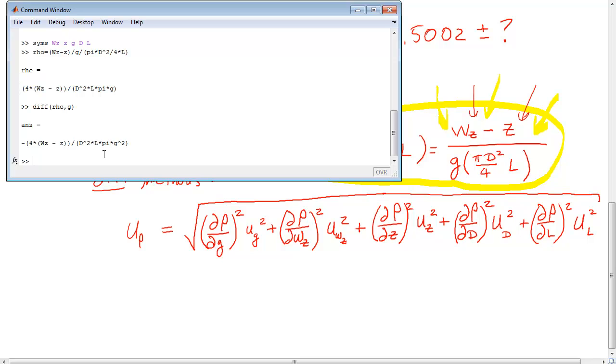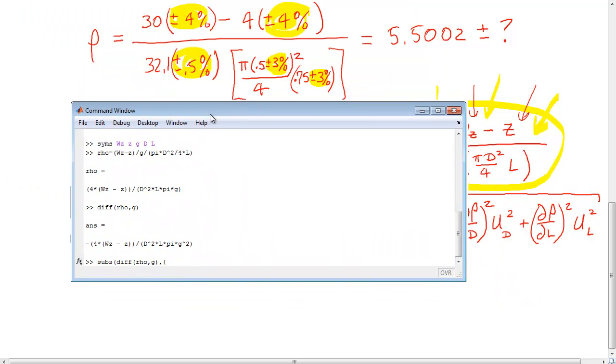Substitution can occur, though, in a simple form. Here's how a substitution can take place. Let's say we wanted to find this value, SUBS, substitute. But what we want to substitute in, and we got to pay close attention here, and I may have to move the window down in order to pick up my values from the upper.